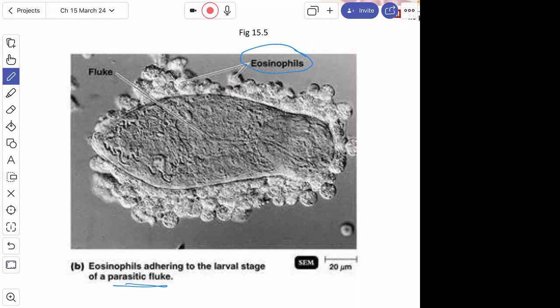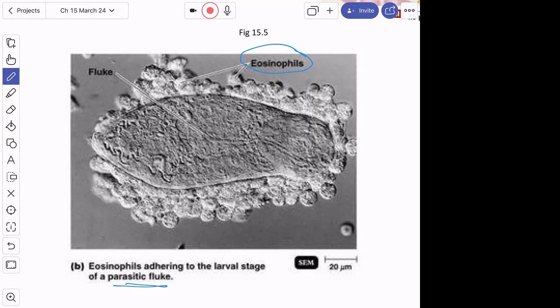You would think, how can the degranulation of just one eosinophil have any effect on some multicellular pathogen? Well, it isn't just one. You can see there are eosinophils covering the entire worm. So when all these digestive enzymes and inflammatory mediators in those granules act on that worm, it's in trouble.